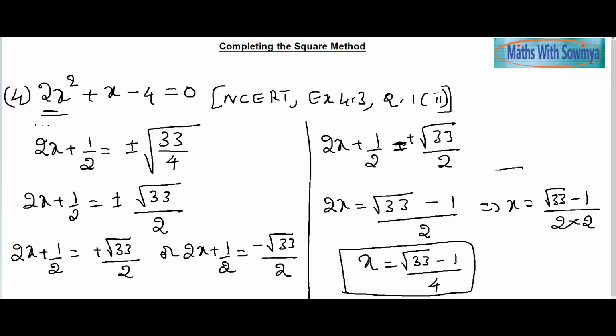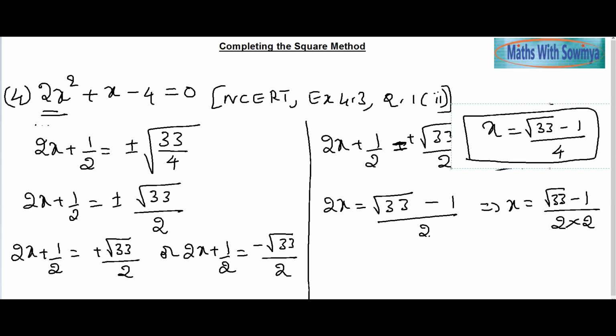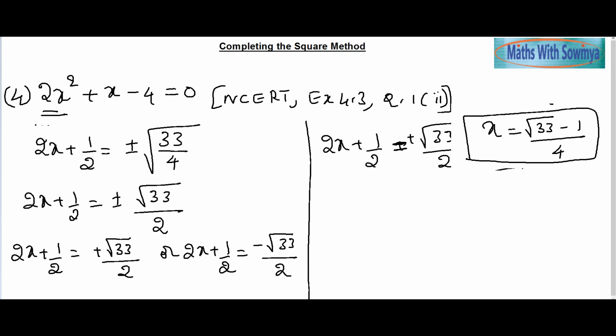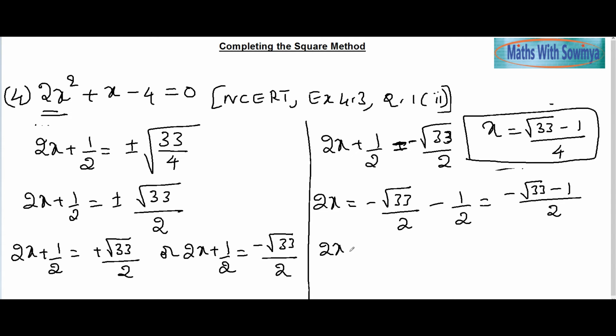We can find the other value of x. Let's go finding the other value of x. When we have minus, instead of plus, you take minus. So 2x is equal to minus root 33 by 2 minus half, which is minus root 33 plus 1 by 2.